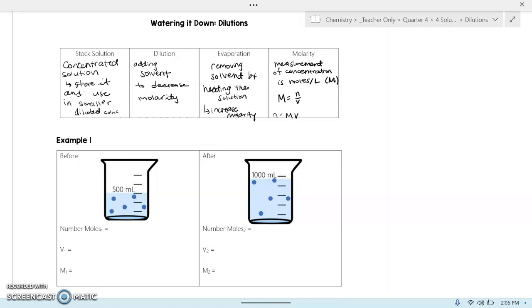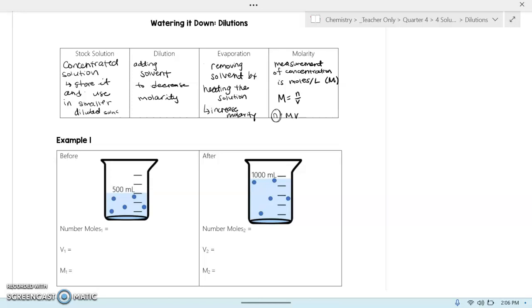And this is helpful because MV is going to be our amount of moles. But we have talked about already that our amount of solute is not going to change as we add water. And so the moles will stay the same no matter what changes we make to the volume and molarity as a response.